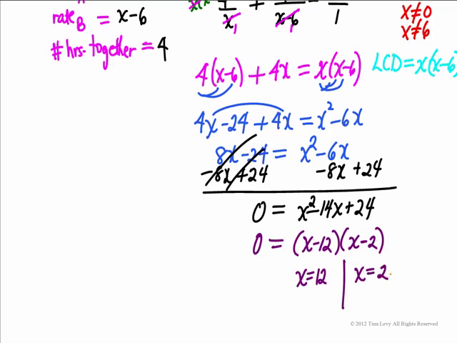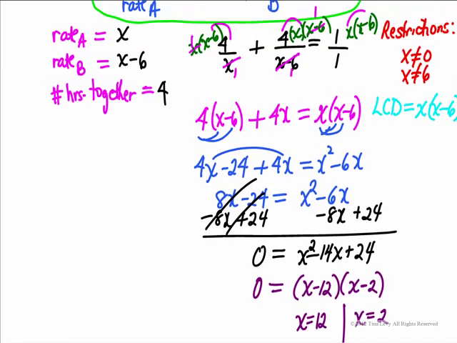I can't have two answers. So if I go back here for a minute, I see if I let X be 2, rate B becomes a negative value. You can't have negative hours. So that's the one I reject. And since X was my rate, I now have the solution that if I were to do the website alone, it would take me 12 hours.